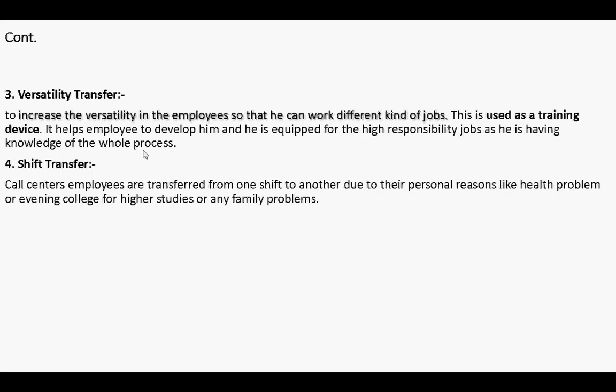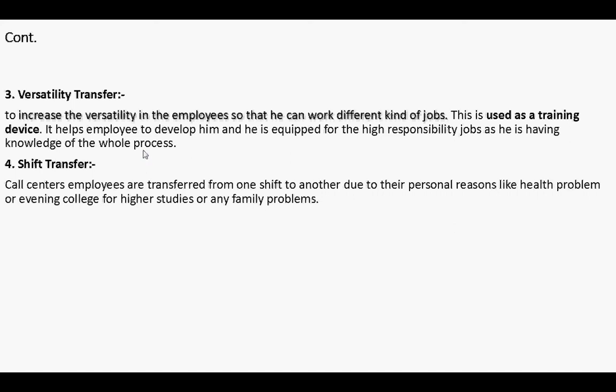It helps the employee to develop himself or herself and equip for high responsibilities, because the knowledge one possesses cannot be utilized to a greater extent. So transfer is given to an employee who possesses greater knowledge, higher level skills, and higher educational qualifications. To utilize such talent, transfer is given. This is known as versatility transfer.